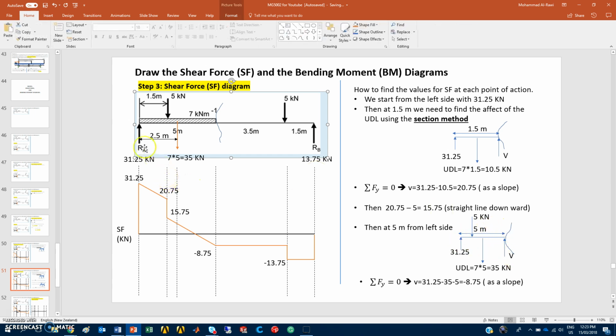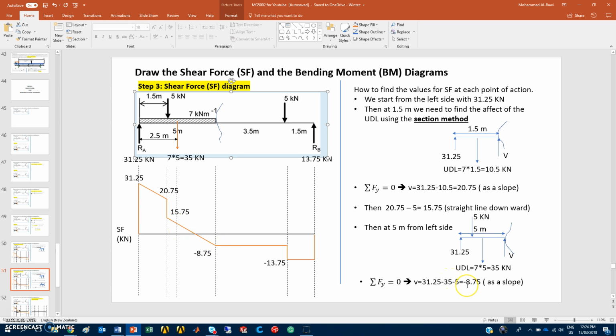The distance is completely 5 meters. You have the 5 kilonewtons, and the UDL, which is 7 times 5, 35. Adding these together, the shear force at that point is 31.25 minus 35 minus 5, which equals minus 8.75. So the value here drops to negative, minus 8.75, till this point. There you have 2 points, and you connect them with a sloping line because it's going downwards, so you put it in the negative.